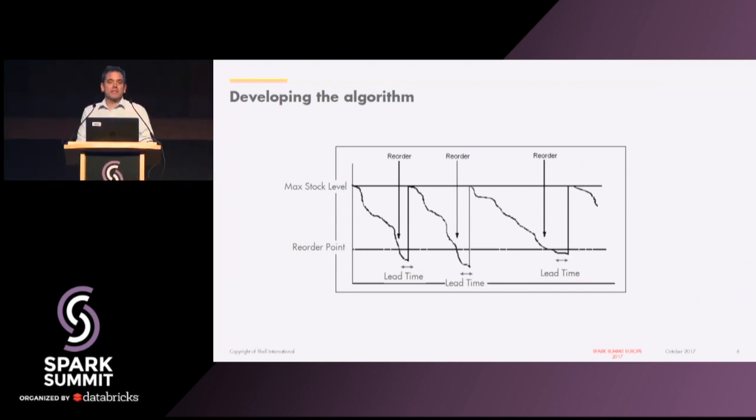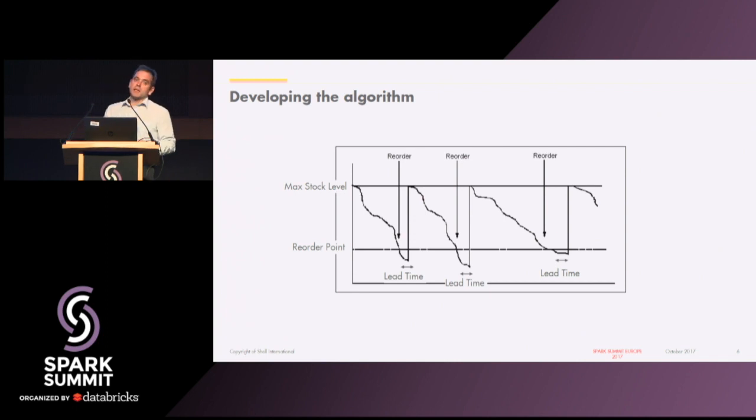So what we have here is a slightly idealized depiction of restocking dynamics, effectively. And what we have is the inventory levels on the y-axis for a particular material, and you can see over time they're diminished until they cross the threshold, which we refer to as the reorder point. This kicks off reorder, and in, say, 30 days' time, stock levels go up to their maximum level, and the process is repeated again.